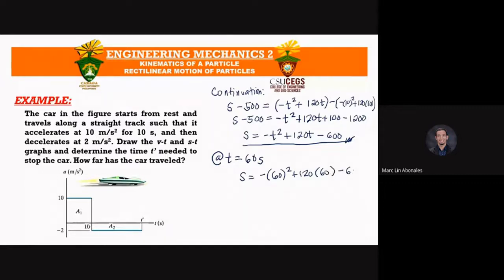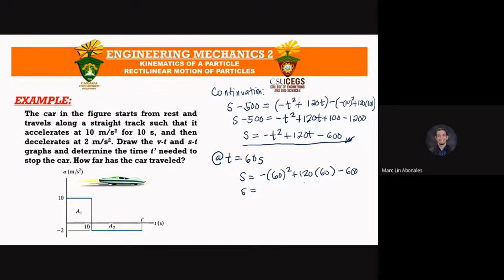So what is the position when the time is 60 seconds? 3,000 meters.